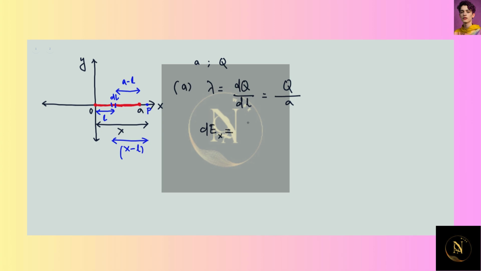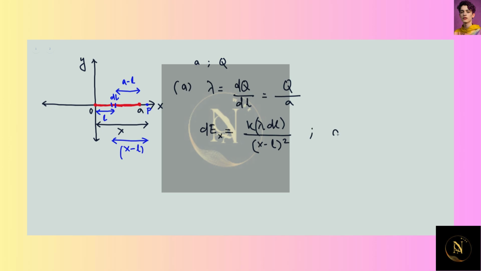That will be equal to k times the charge in this small segment, which is lambda times dl, because lambda is the linear charge distribution. So lambda times the length will give us the charge of that section, over the square of the distance of that segment from the point where we are calculating the electric field. So that is (x minus L) whole squared.